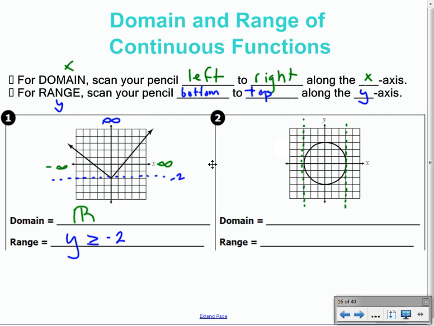And on the left side, okay, that's an x value of -3. On the right side, it's an x value of +3. So we're saying all of the x values on this circle are between -3 and +3, and we could write that as an inequality like this.